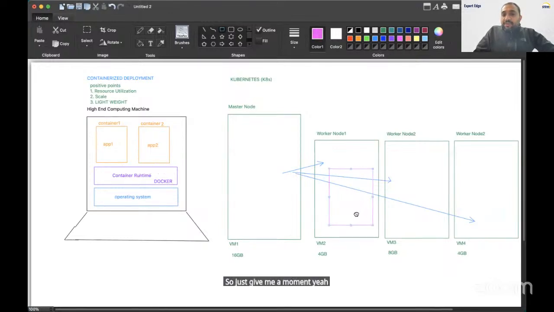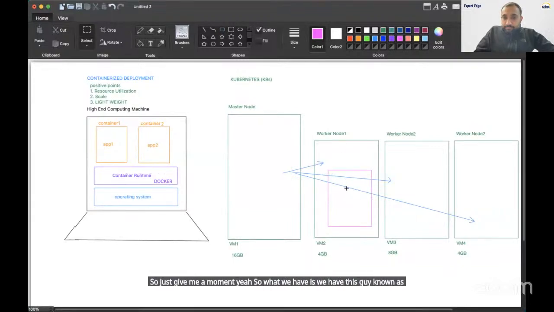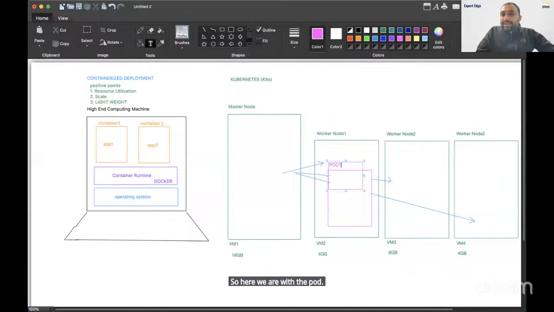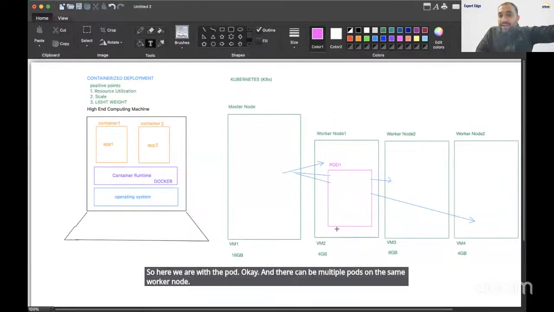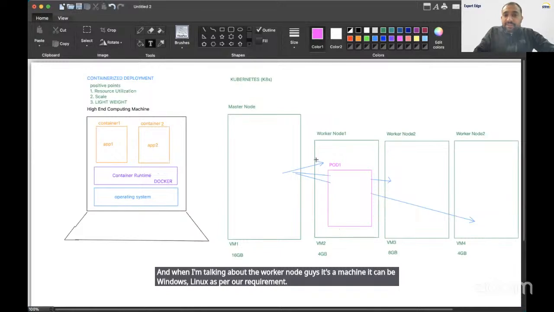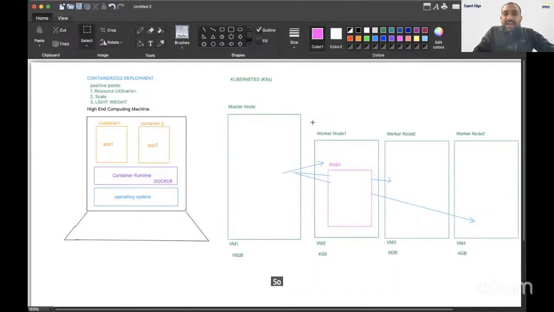So what we have is this guy known as the pod. Okay. And there can be multiple pods on the same worker node. When I'm talking about the worker node, guys, it's a machine. It can be Windows, Linux, as per our requirement. In the pod, we have the container runtime.